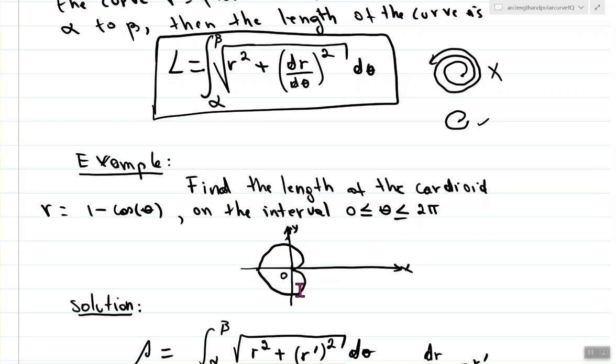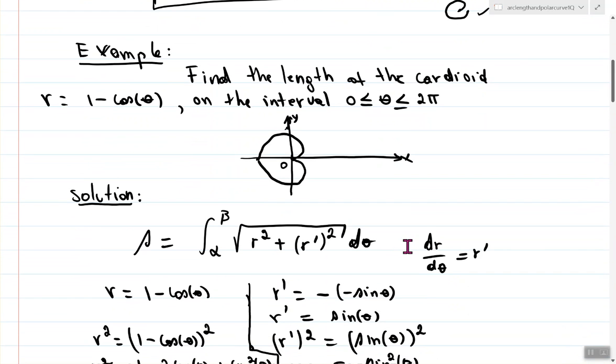This is how the cardioid looks when you graph r equals 1 minus cosine theta, theta between 0 and 2 pi. So the question here is how long is this arc? And this arc is given in polar coordinates, r comma theta.